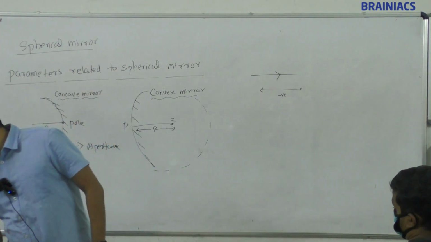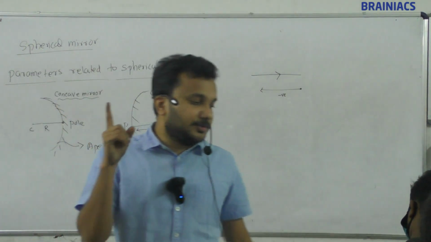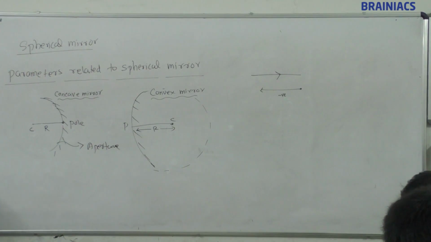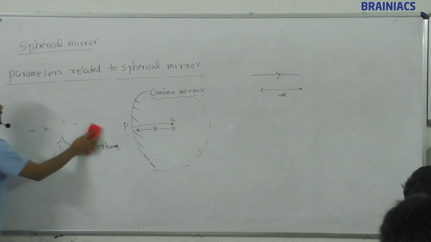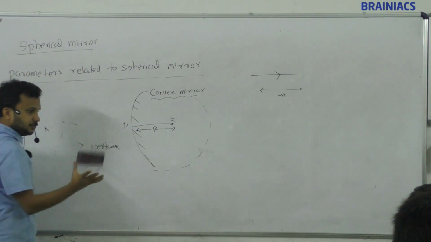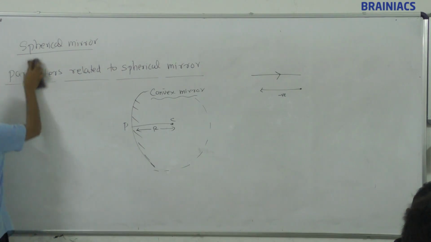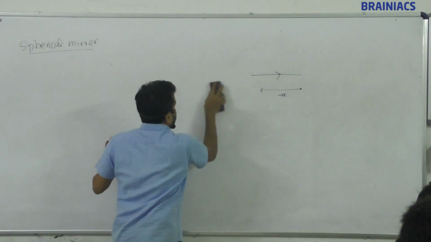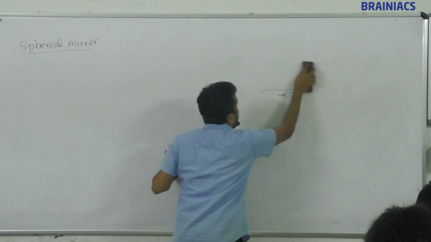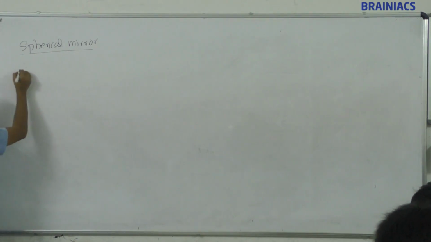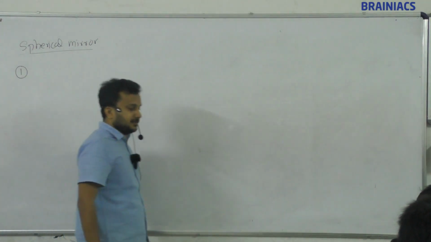So what I have written? Drawing the ray diagram. We are going to learn certain rules. Number one, if a ray is coming parallel to the principal axis, then after reflection it crosses the principal axis.